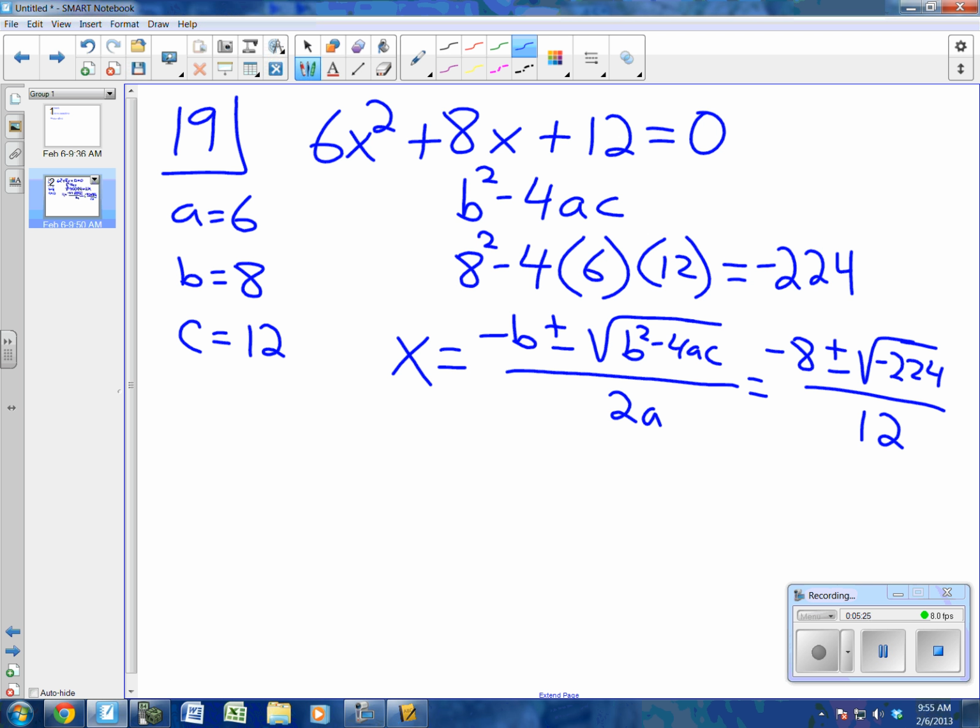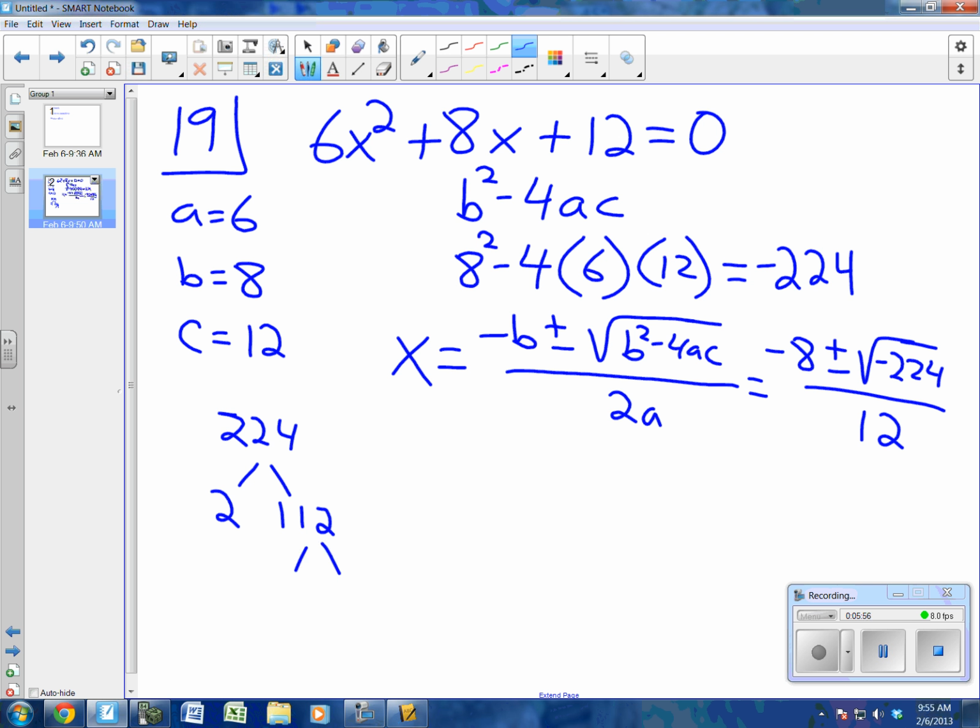Now, what I was showing you before I started doing this problem is how you get answers like square root of negative 224. Okay, so we've got to break down 224. We already know it's negative. We already know we're going to have an i, right? I know that 224 is at least divisible by 2 because it's an even number. So 2 and 112, I believe. I know 112 is divisible by 2 because it's an even number.